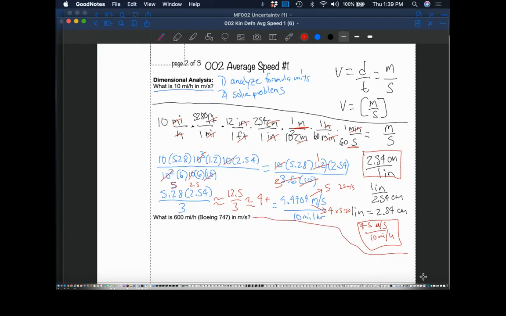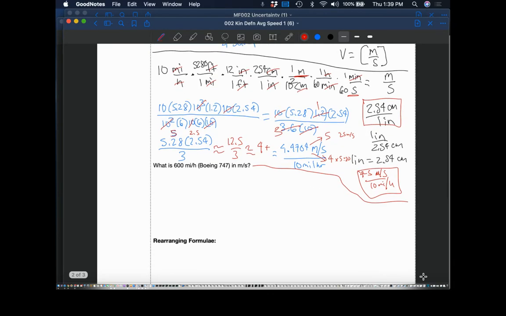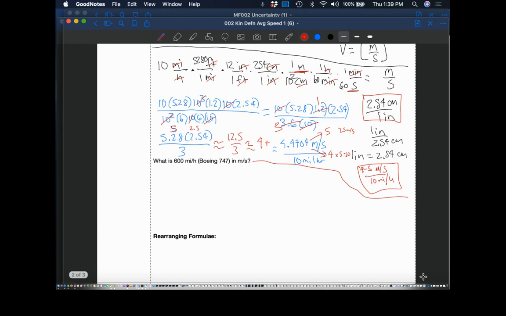Now, another example we could use here is if we're traveling by air in a Boeing 747, how fast is 600 miles per hour in meters per second? Well, let's see. We have 600 miles per hour, and we have a conversion factor of 4.5, or we could say 4 or 5.